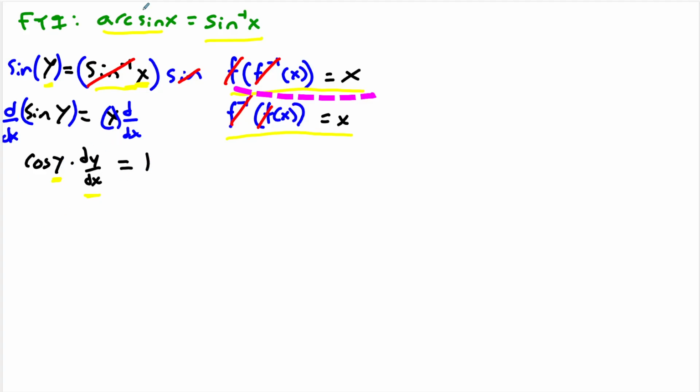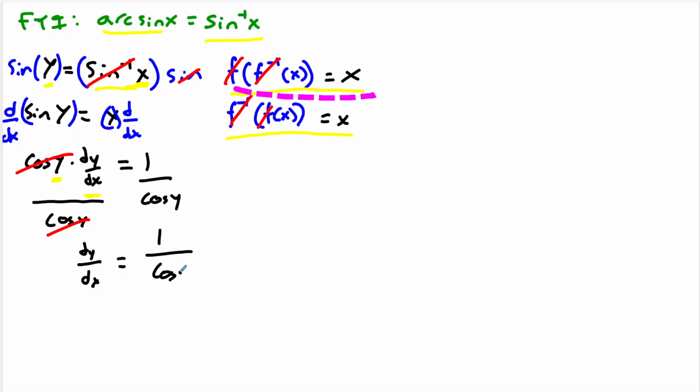I want to isolate dy dx here, so I want to divide both sides by cosine of y. Okay, so these will cancel, and we get dy dx equals 1 over cosine of y. Well, how do we get this cosine of y here? Now technically this is a correct answer, okay?